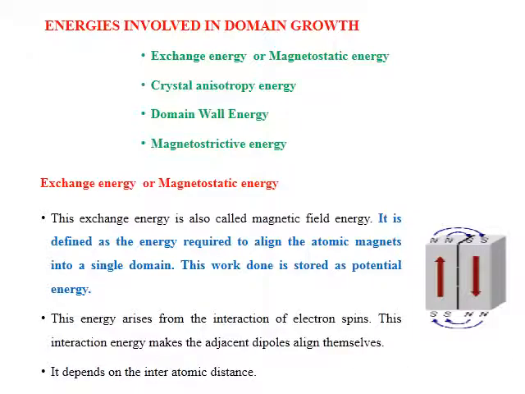In the domain theory of ferromagnetism, there are four important energies involved in the whole magnetization process. They are exchange energy, crystal anisotropic energy, domain wall energy, and magnetostrictive energy.